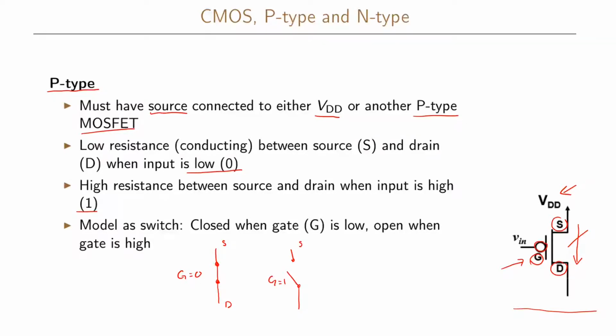So nothing can flow here between the source and the drain. But this is just how we model it. In reality, there will be some small leakage current here between the source and the drain, even if we have the gate equal to 1. But this leakage current is very small, and this is an attractive property for these types of transistors.